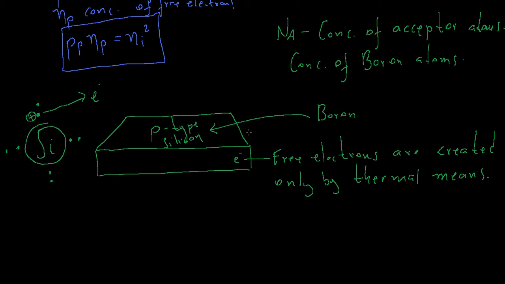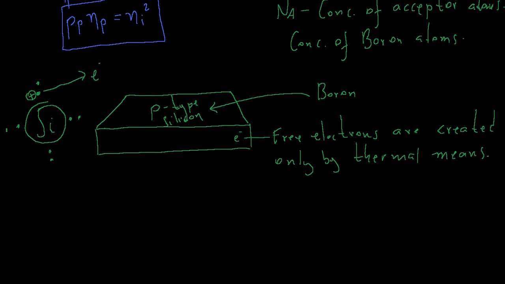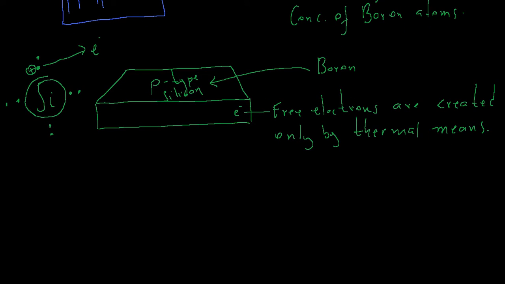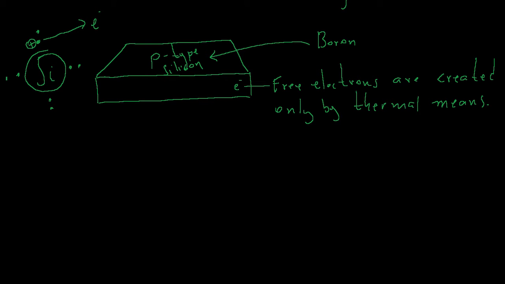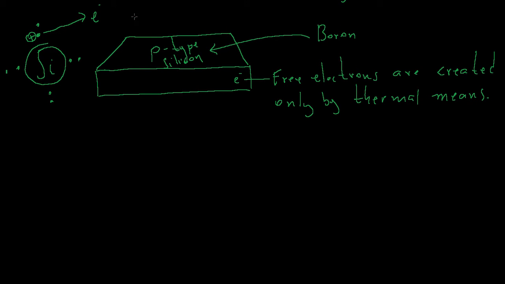So for P-type, we are creating extra holes by a different means than thermal means. But all the electrons are still going to be created thermally. We are not adding extra electrons anywhere, so they are going to be created only thermally. They're going to escape the crystal lattice only if you raise the temperature and so on.